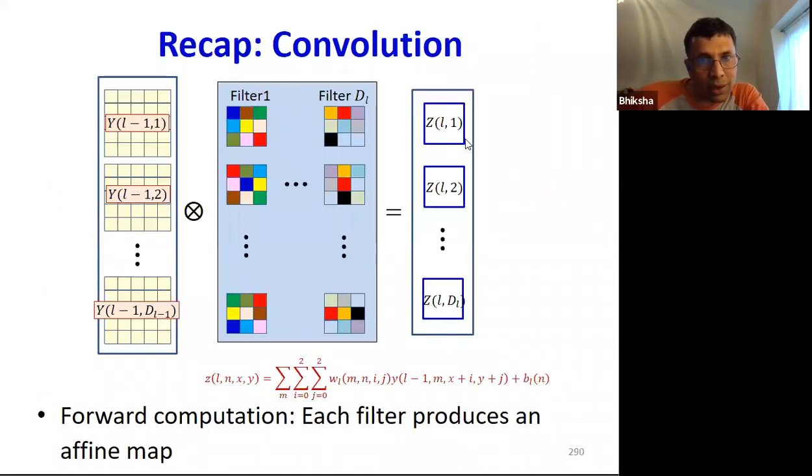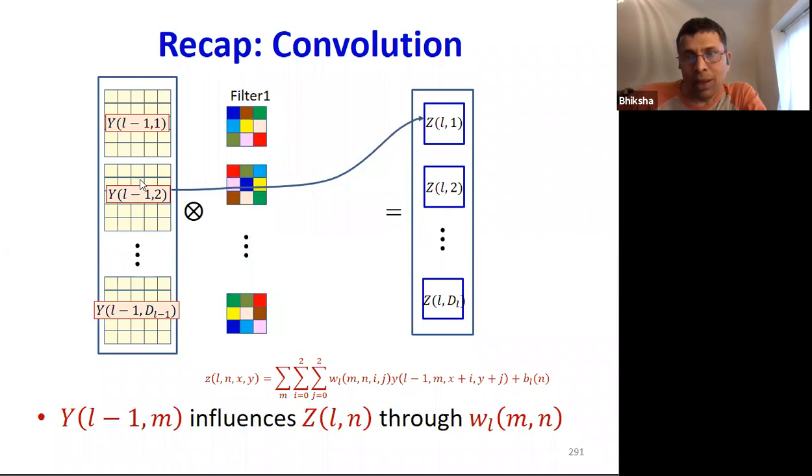So if you don't understand how this is so, let's actually look at our pictures. Again, recall how we got our affine maps, these z maps. Each filter convolved with the entire set of activation maps, and then you sum them up to get the corresponding affine map. So during the forward convolution, the nth activation map of the previous layer convolved with the mth plane of the filter, of the nth filter, to compute the nth affine map.